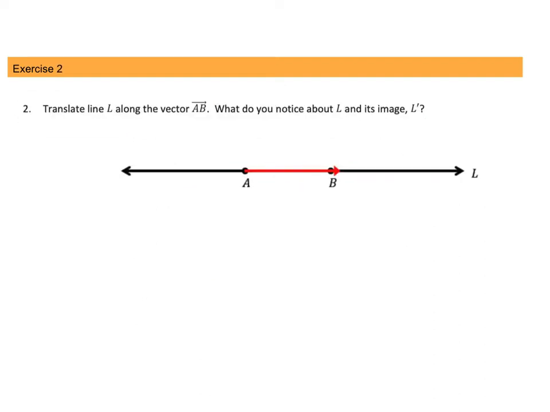This one says translate, so slide, line L. Here's line L, it's this whole black line right here, along vector AB. What do you notice about line L and its image, L prime? So we're going to be moving just a little bit, so I would say this new line is going to be right here where this blue one is. What do you notice about that new line and our original line? Well, you should notice they're overlapping, or the same line.